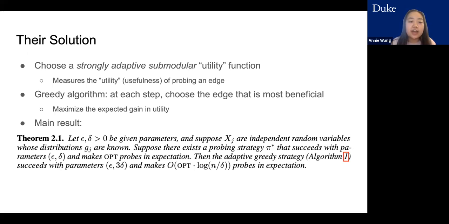And they show that using a greedy algorithm, they have this main result, theorem 2.1, which says that if you're maximizing a strongly adaptive submodular utility function, then this greedy strategy will succeed with parameters epsilon, 3 delta, which means with at least 1 minus 3 delta probability, you will be within epsilon of the true shortest path. And the number of probes is bounded by a log factor times OPT, which is the optimal number of probes possible through any probing algorithm.